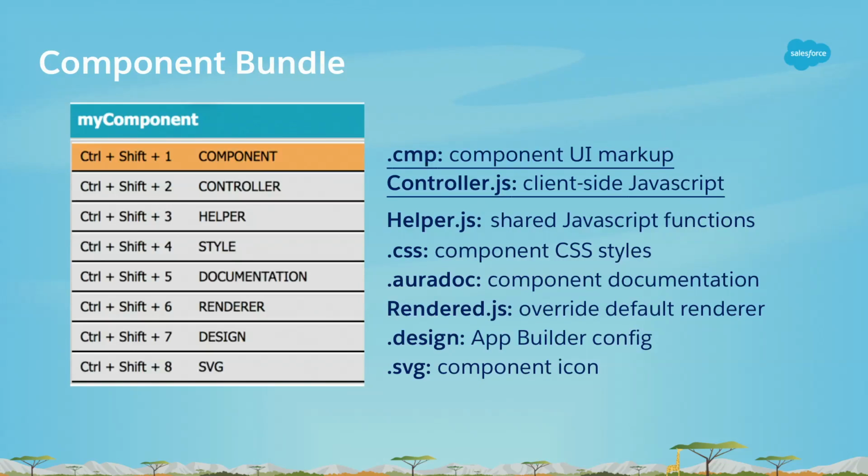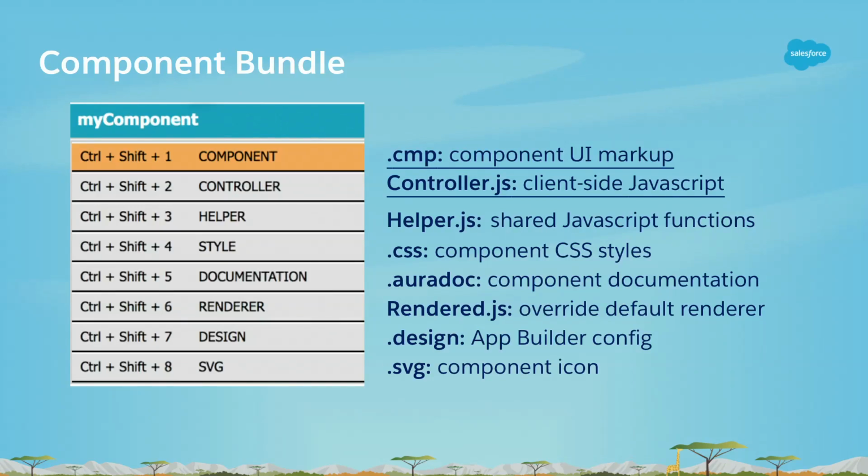Now let's see what a component is actually made of. When you create a lightning component, it creates a component bundle. A component bundle is the lightning component UI markup itself and all its resources. Here is what a bundle looks like. We have a component, which holds the entire component UI markup.